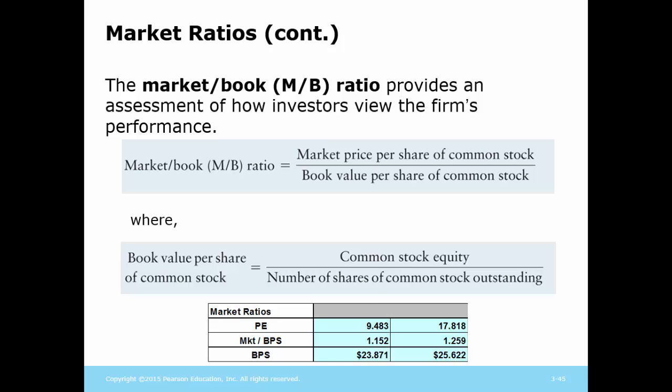So the value of the company relative to shareholders has increased since last year. Obviously this is a good sign. Shareholders are happier, but it's also a good sign for the managers of the company, because they've just made the company more expensive to buy. So now companies that may want to purchase your company, merger activity is going to slow down because now it costs more to buy the company.